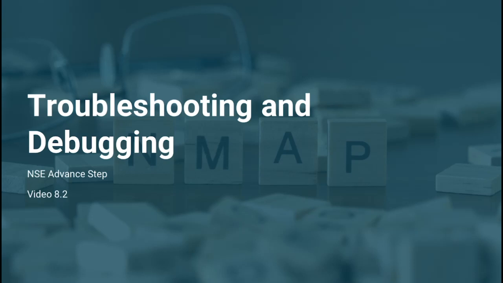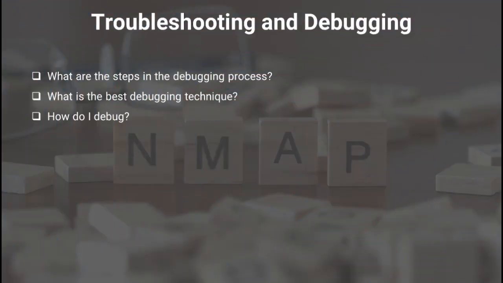So let's have an overview of the concepts and what exactly it is. We're going to pay attention to three subjects. First, what are the steps in the debugging process, what are the best debugging techniques, and how do I debug? Well, software applications these days need to be error-free before going out on the market.